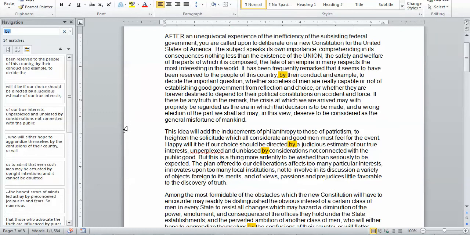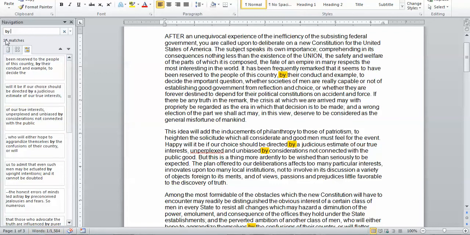If I search for, and one word that they found out that distinguished the two writers was the word "by." So if I type in here space by space, that'll find all occurrences of the word "by." I want to make sure that it's not part of a word. And we already see that there were 14 out of 1,584 occurrences of the word "by."